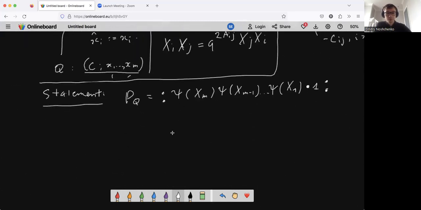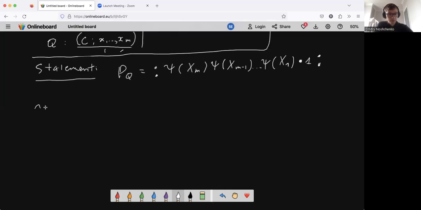We have psi of x, but if you have two variables which q-commute, u and v, such that uv is q times vu, then if you substitute such variables into quantum logarithms, you get the famous quantum pentagon identity.